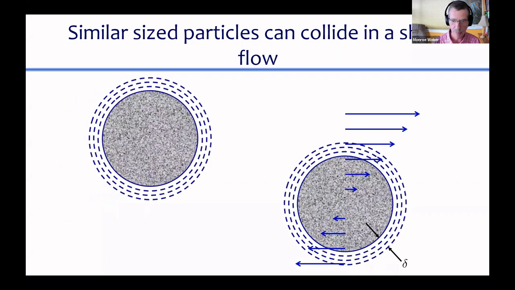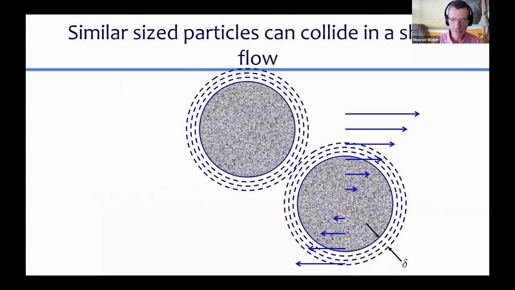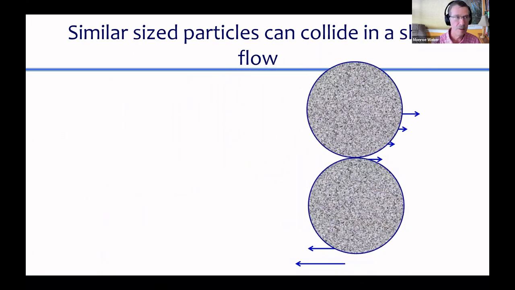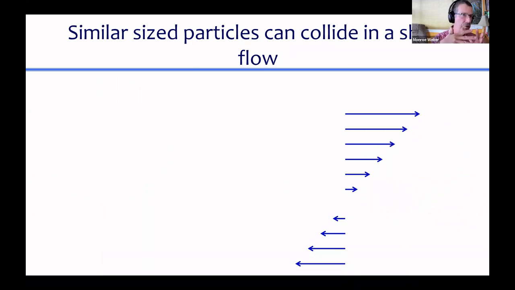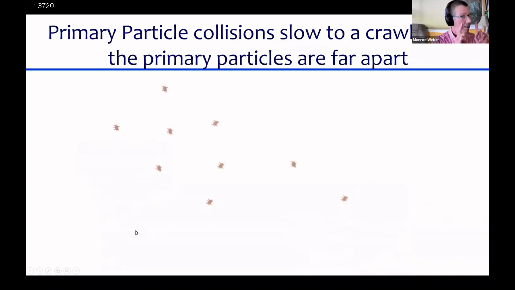So here we go. It's going to deflect, it's going to move up, but it actually is able to penetrate through the boundary layer because its center is following the streamline, and it's able to push through the fluid that's in that boundary layer.